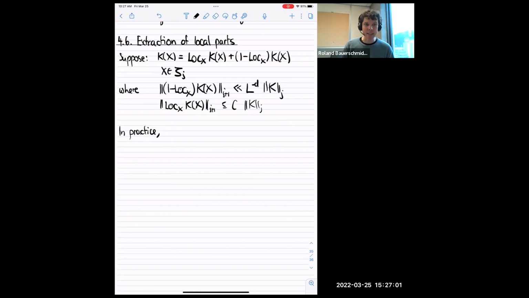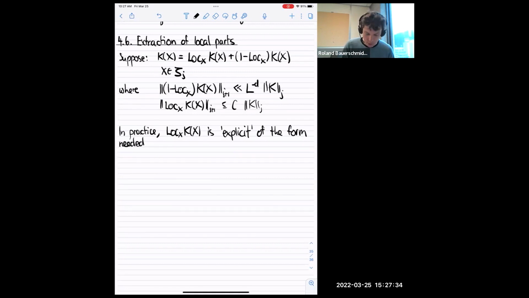So in practice, this log x is going to be something like this. It's essentially explicit. In the phi-4 type models, it's of the form of a phi-4 polynomial.